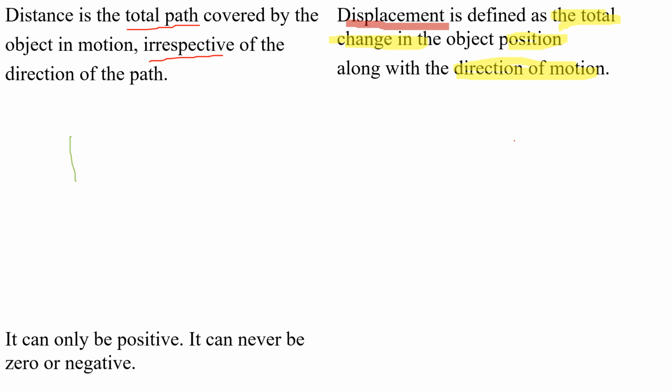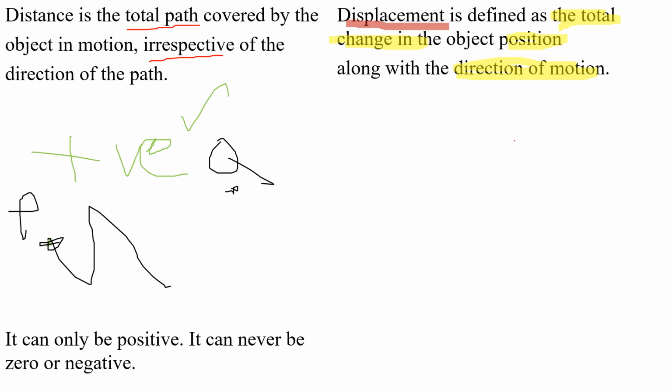It can only be positive. When we move from any one point to any other point, suppose I take a point P and a point Q, and I'm moving like this, like this, and reaching point Q. I am traveling along this path.